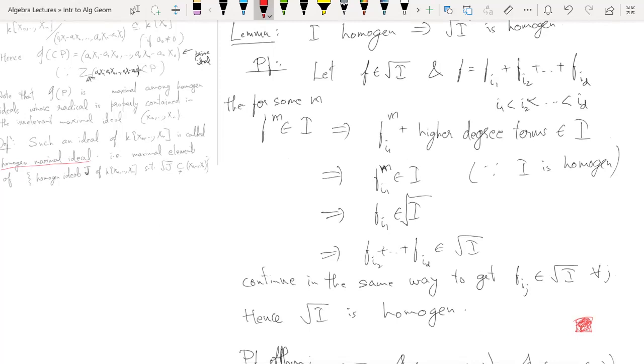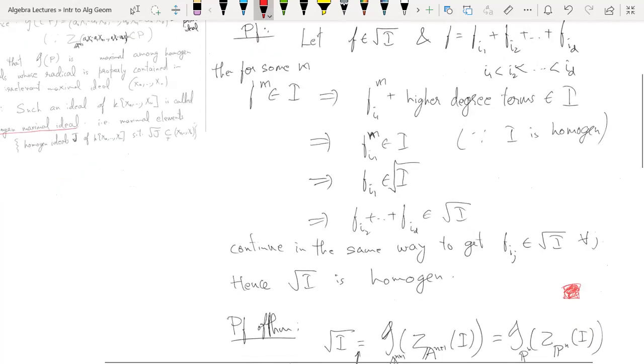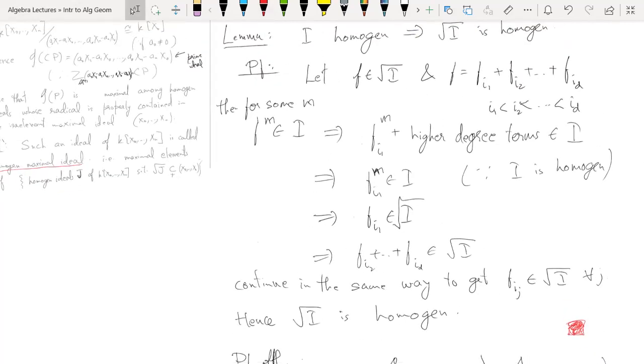So remember, in particular, what it says is that if I is a homogeneous ideal, and you look at V(I), the zero set of I in A^{n+1}, then you get a cone.